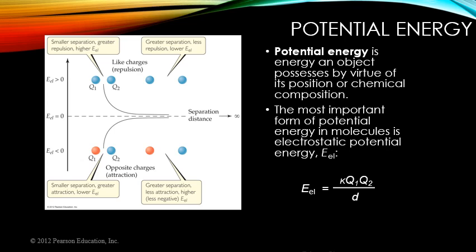In the bottom of the diagram, you can see the oppositely charged particles. Now, the greater the separation between the molecules, the less attractive the forces acting on each other, but the smaller the separation, the greater the attractive forces.